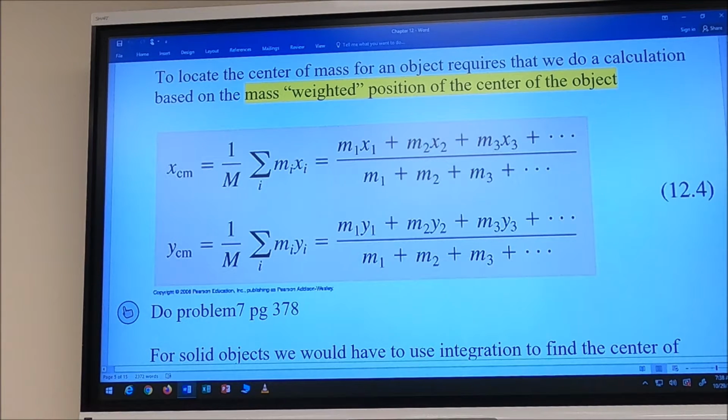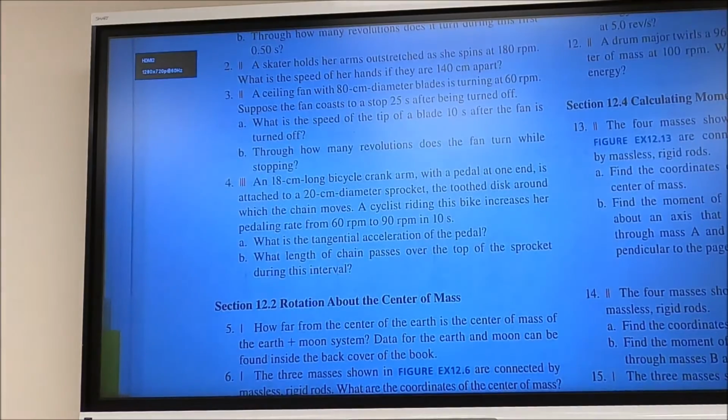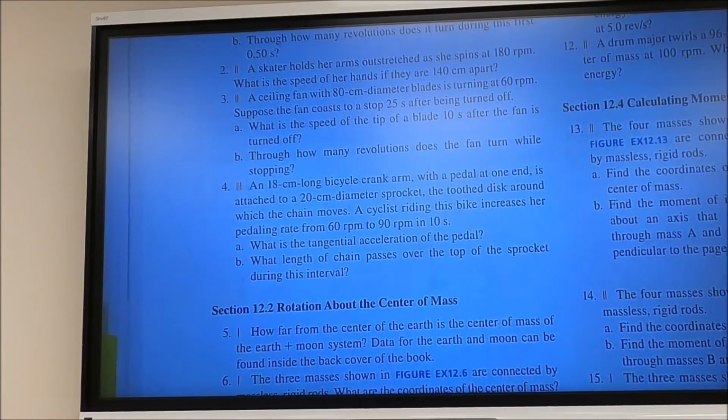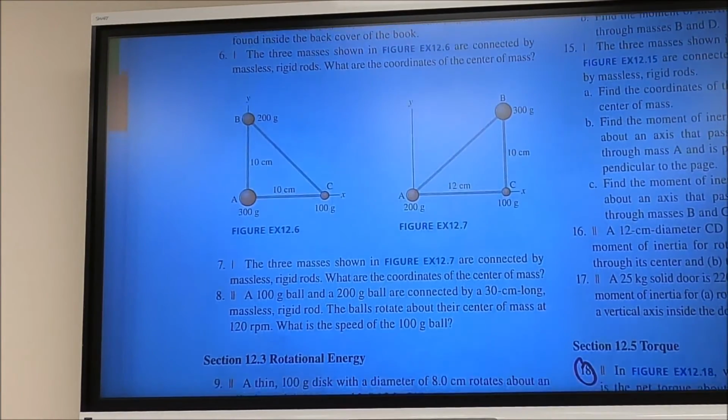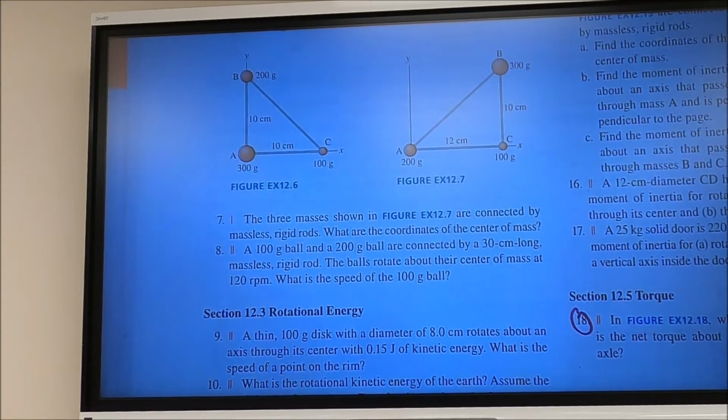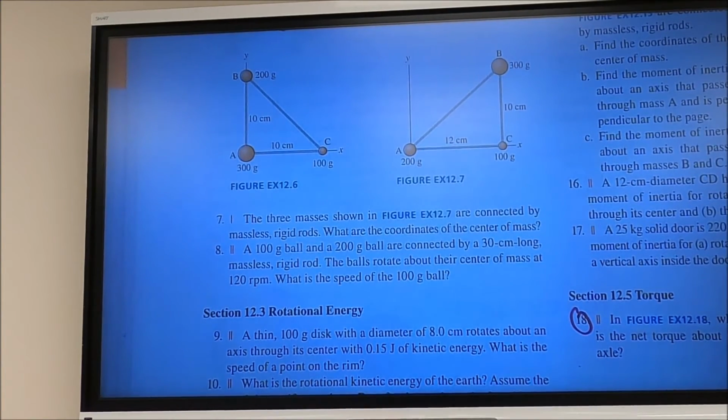Now, we're going to look at a basic problem, problem 7 at the end of the chapter. It says the three masses shown are connected by massless rods.